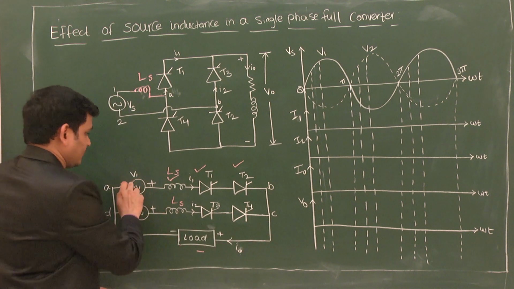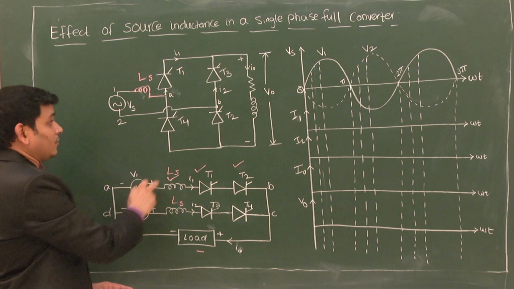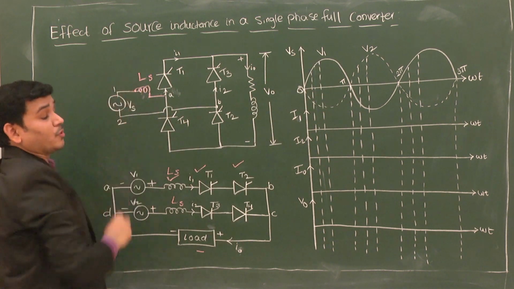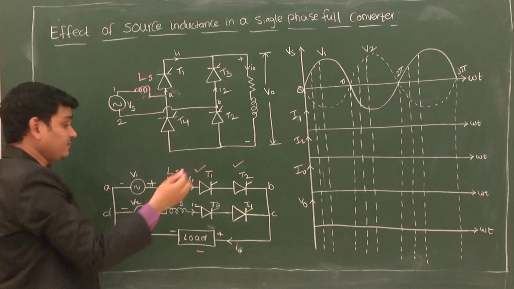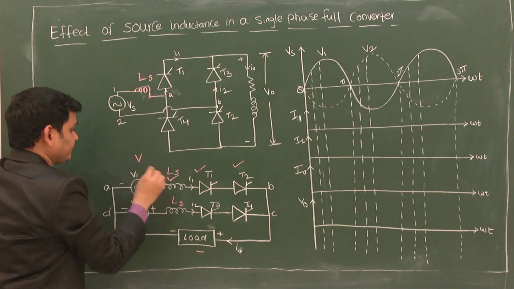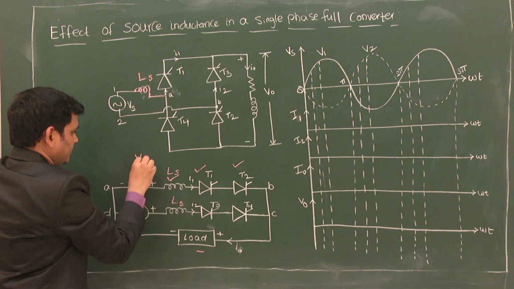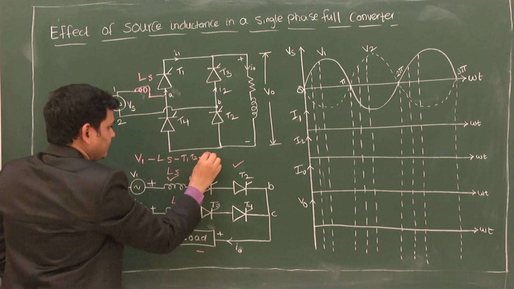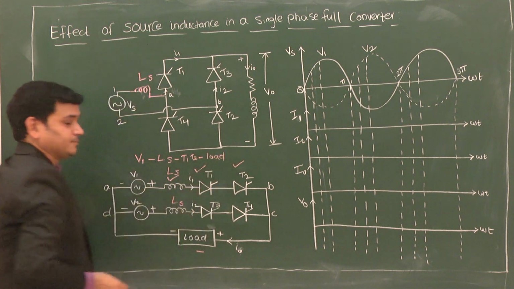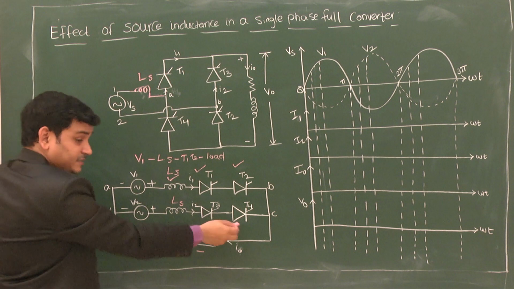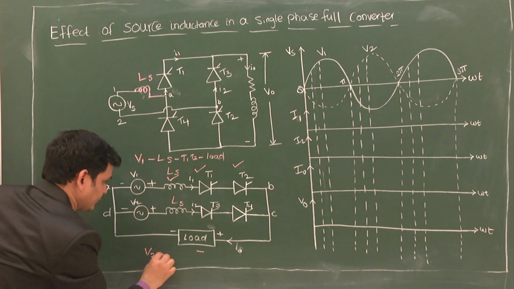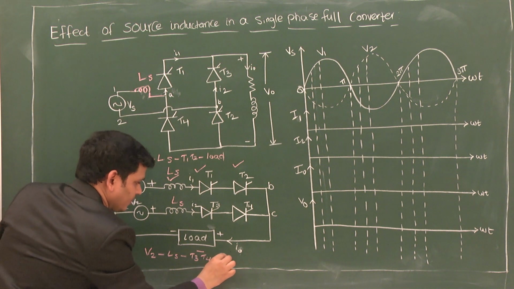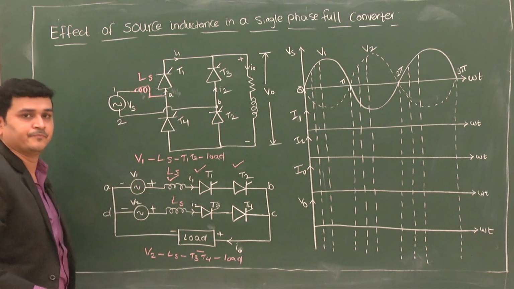That means during the positive supply voltage, when this terminal is positive, the current flows from Ls, T1, T2 and the load. Similarly, in this case it is from V2, Ls, T3, T4 and the load.